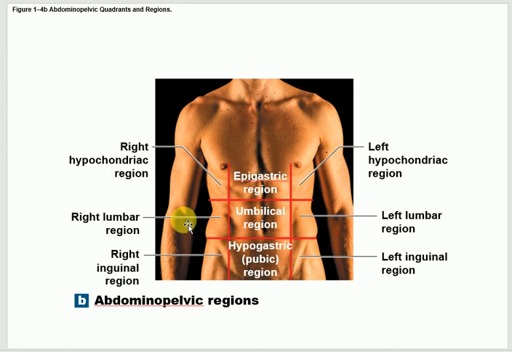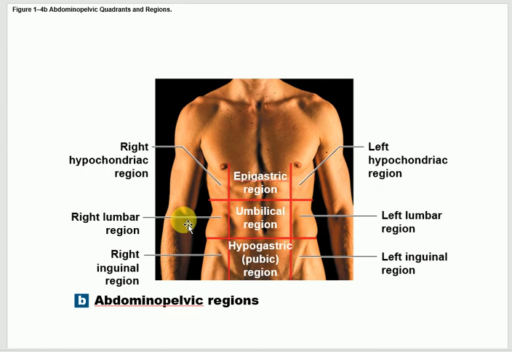Instead of using just 2 lines to divide, you're using 4 lines. 2 vertical or longitudinal, one on the right side and one on the left side of the umbilicus, and 2 horizontal, one above and one under. So as you see, it's going to divide into 9 different regions. We call it region versus quadrant. Quad, 1/4, 25. Quad, fourth.